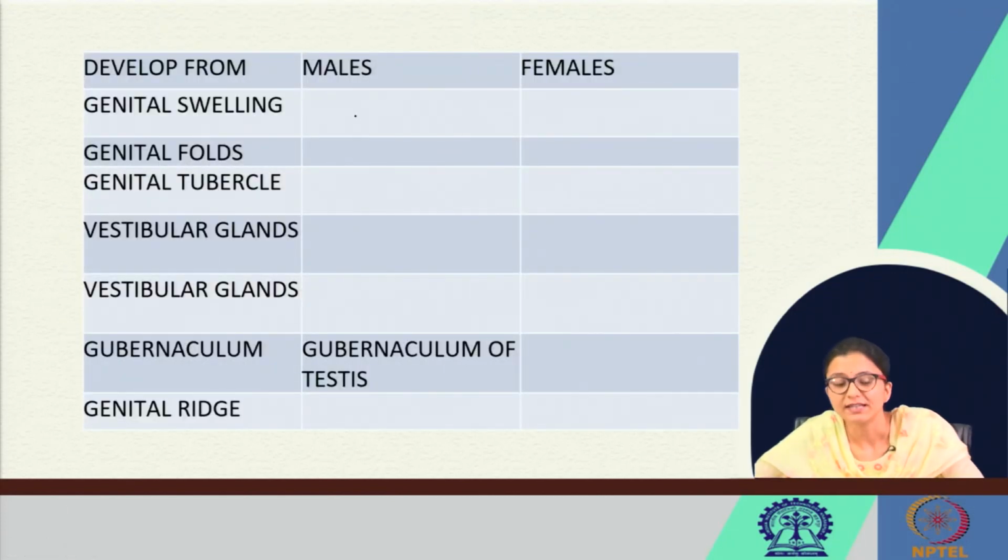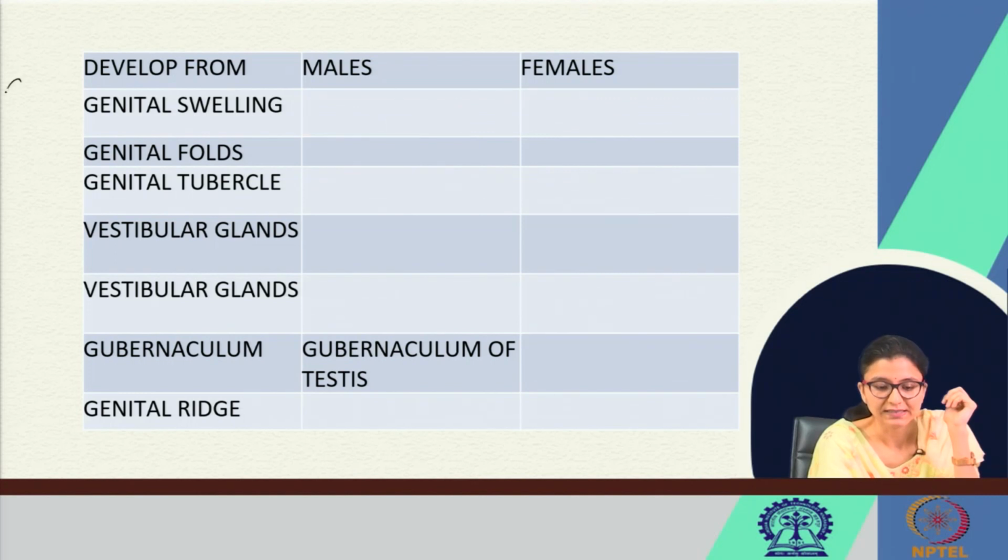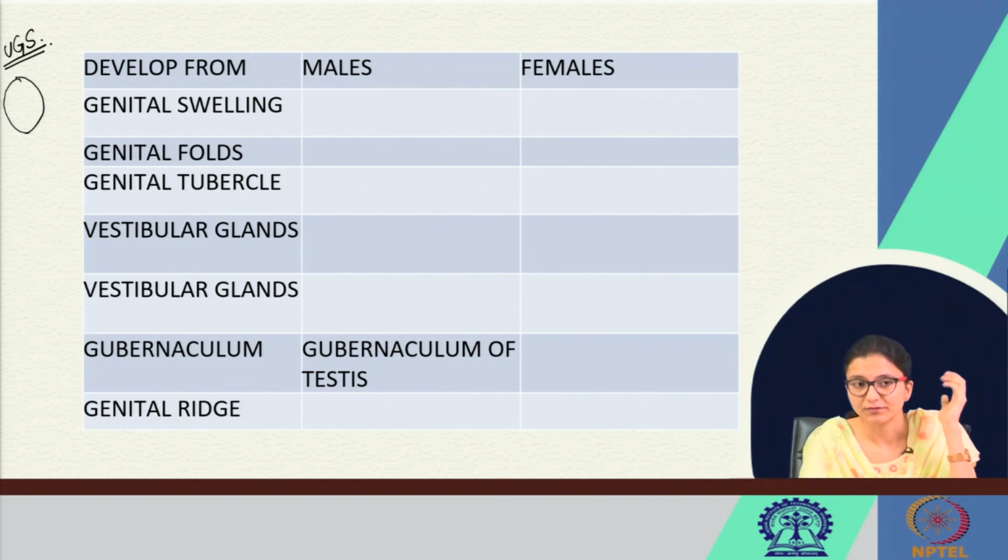Now, coming to the developmental history. We have already talked about them. In this chart, we will go through it as a gist. So, in males and in females, the genital swelling. This is the urogenital sinus. Urogenital sinus will form the external genitalia.